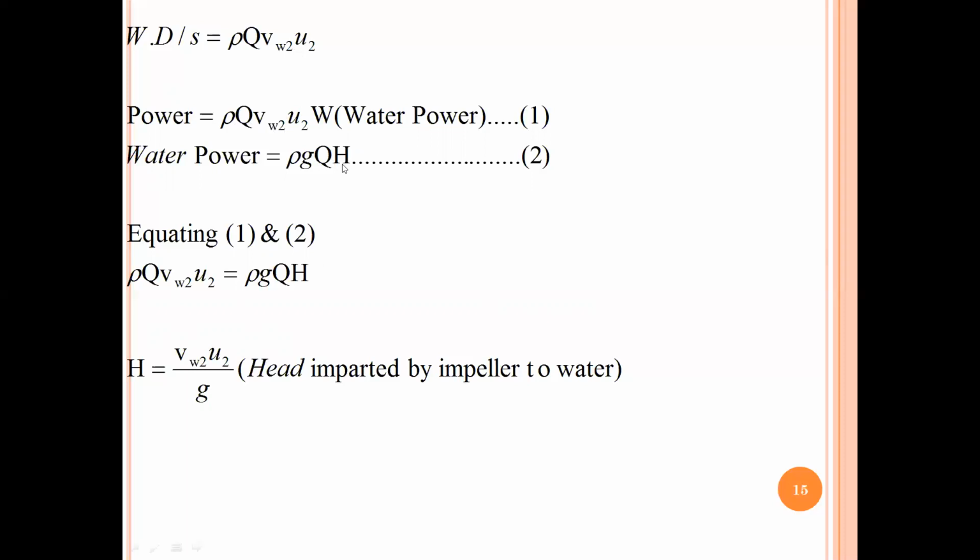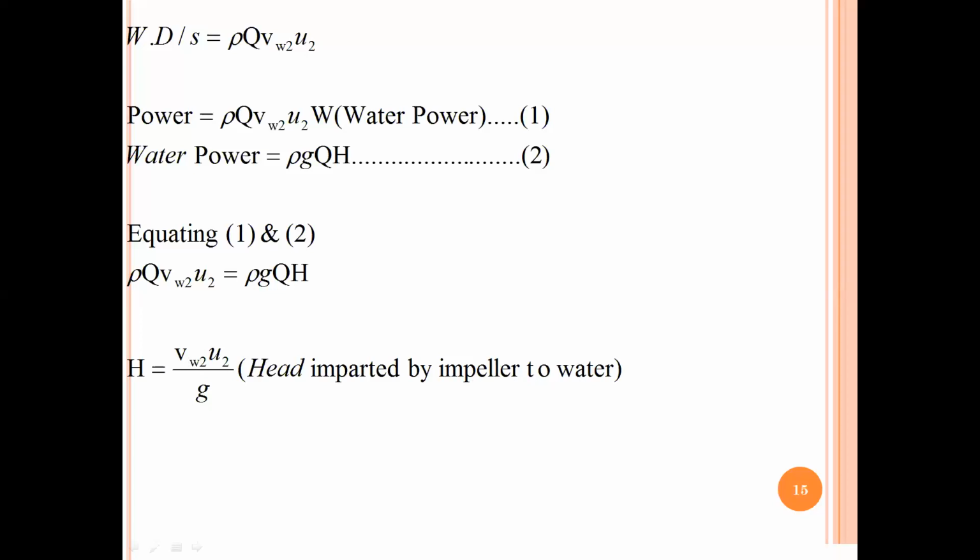Whenever I'm calculating water power, this is my standard formula. So I'm equating both: equating 1 and 2, the water power we calculated from work done and the conventional water power, I'll be getting the H value as VW2 U2 by G. And this head is the head imparted by impeller to water.